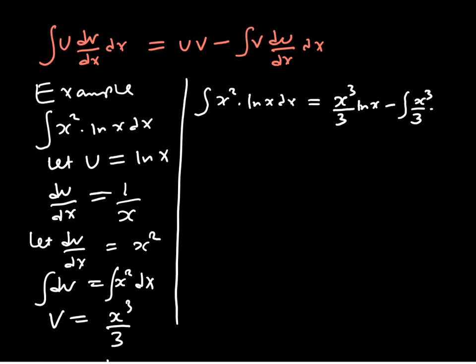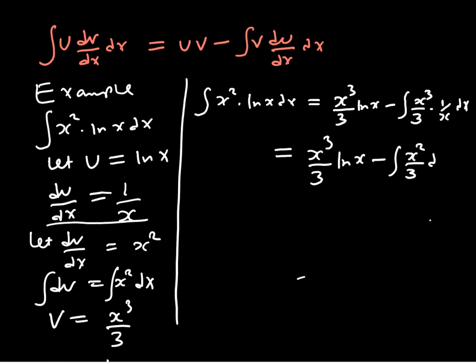What is du dx? Du dx right here is 1 over x. So this is going to be x cubed over 3 natural logarithm of x minus the integral of x squared over 3 dx.